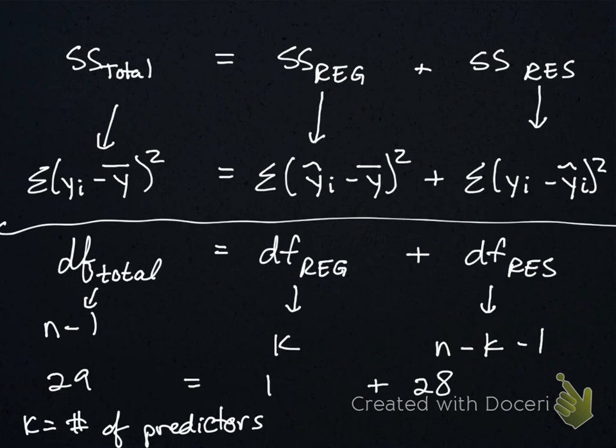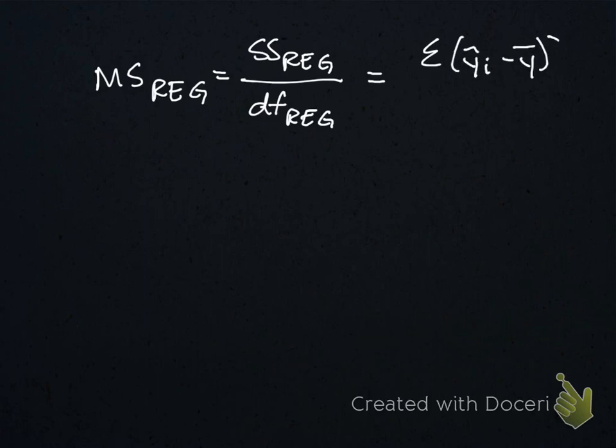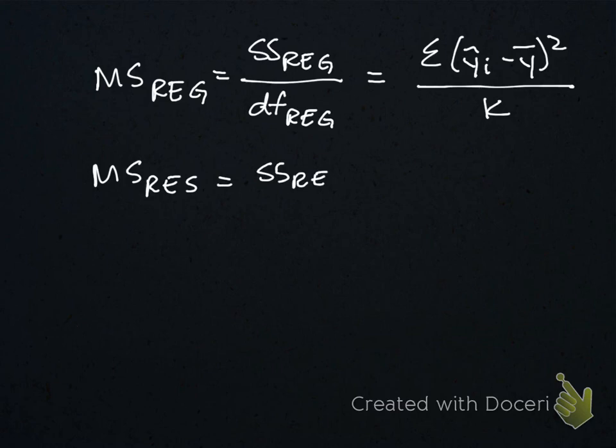So once we do so, we can get a mean square for our regression, which again is equal to the sum of squares for our regression divided by degrees of freedom for our regression. That's going to be equal to the sum of each person's predicted y score minus the mean y squared over k. And we can get the mean square residual equal to the sum of square residual divided by the degrees of freedom residual.